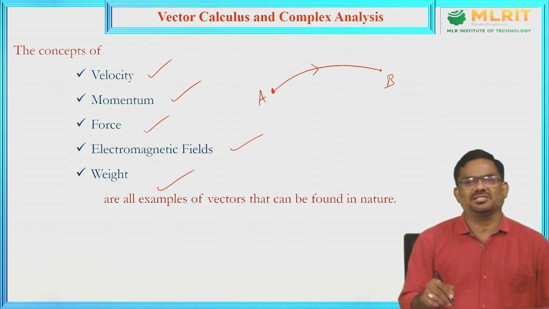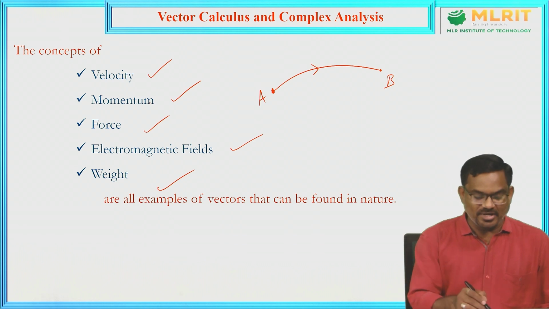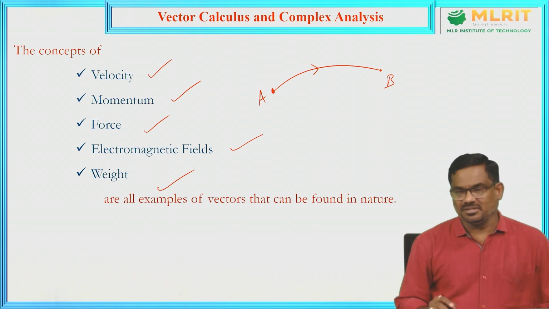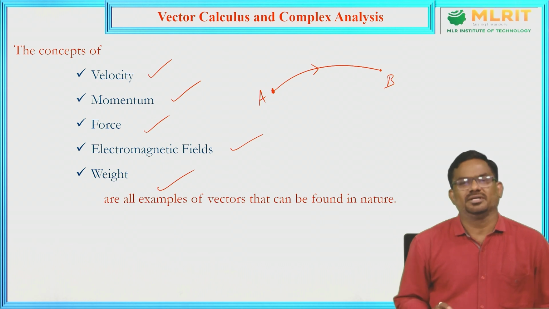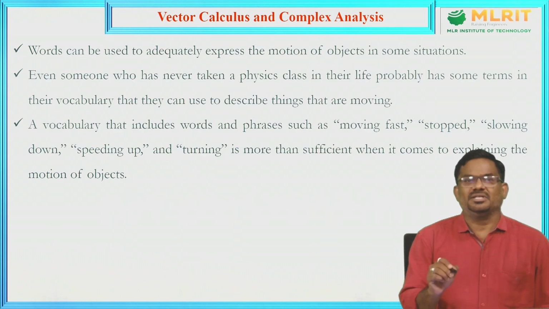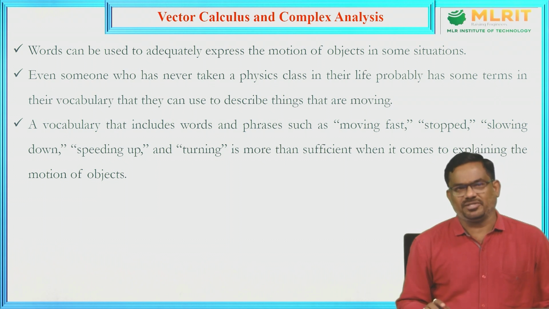So all these concepts are related to vectors. Similarly, momentum and electromagnetic fields are all examples of vectors that we find in nature. Words can also be used to express the motion of objects in some situations.